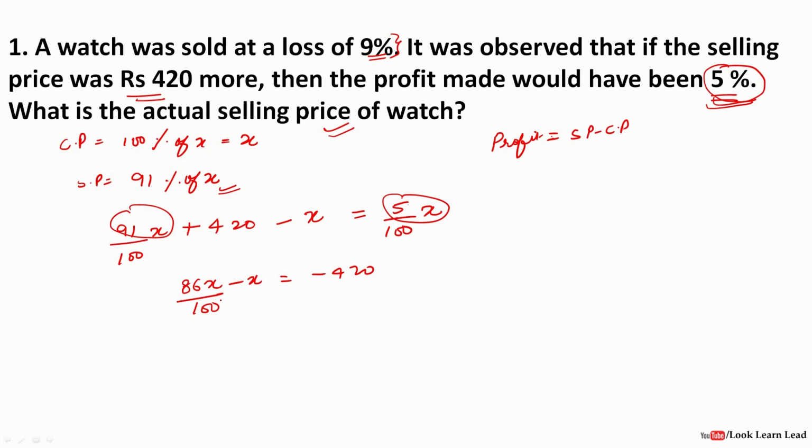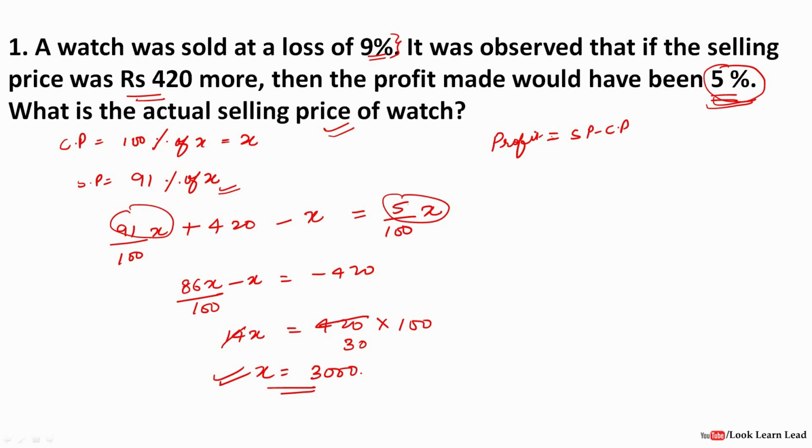Then we have 100 minus 86 is 14X is equal to 420 into 100. When we calculate this, 14 threes are 42, so X is 3000.